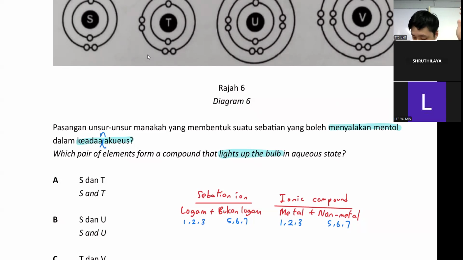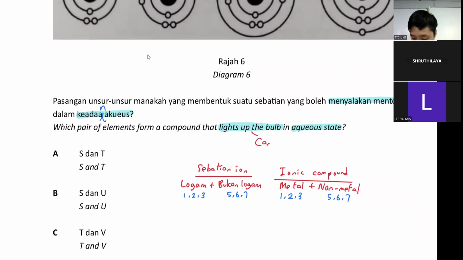In aqueous state means it can conduct electricity. Aqueous state means in water, like a salt solution. Like you put your garam, your salt, into water. It's called an aqueous solution.